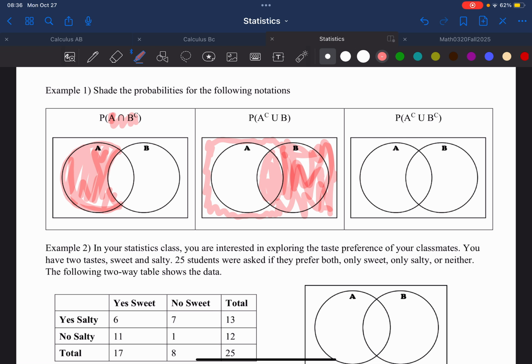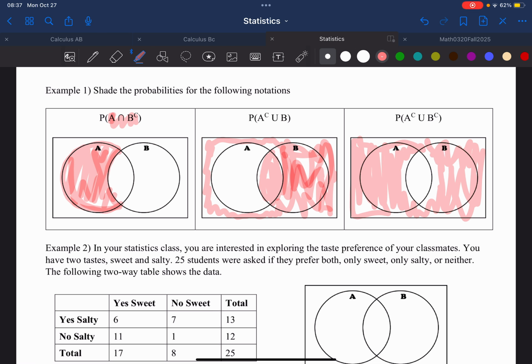Then we have the probability of A complement or B complement. So A is not happening and B is not happening. But it says or B is not happening. So if A is not happening, that means B can happen. But if B is not happening, that means A can happen. But we don't want them happening individually, which means that this would be everything except the intersection.